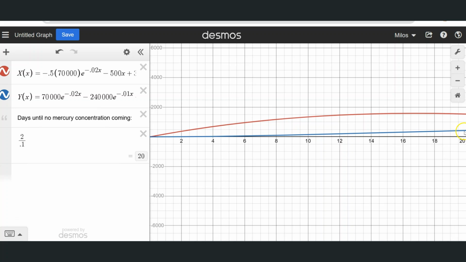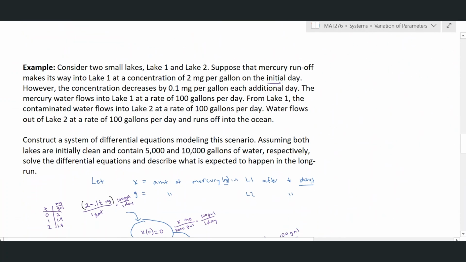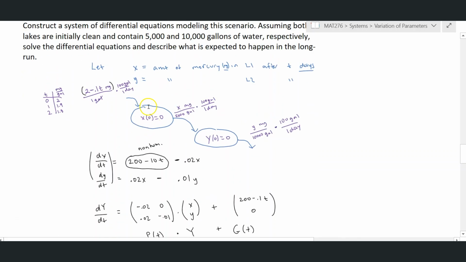At day 20, when the mercury concentration becomes 0, what we would actually need to do to figure out what happens after that, well, we can probably imagine that if there's just pure water coming into Lake 1 after day 20, then we would just expect that water to continue to filter, because then at this point, the concentration coming in should be defaulted back to 0 milligrams per gallon for days greater than 20.